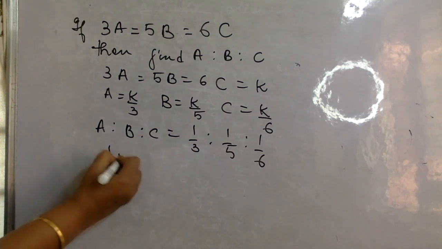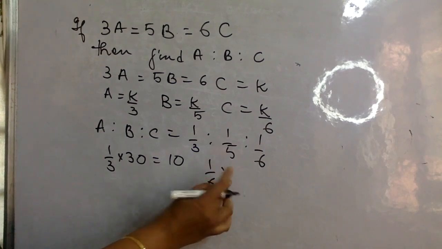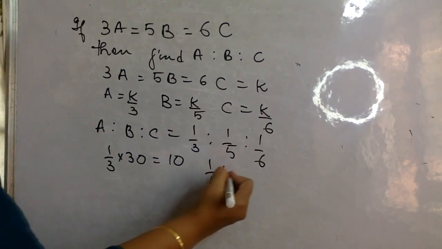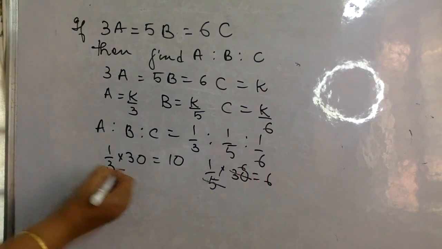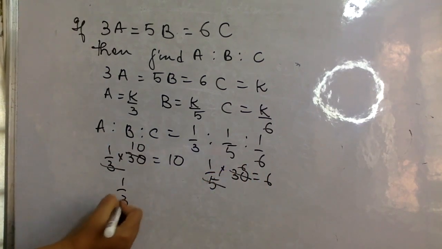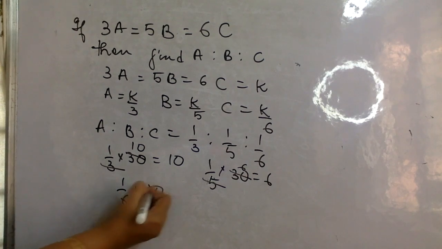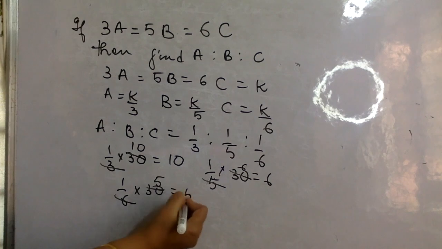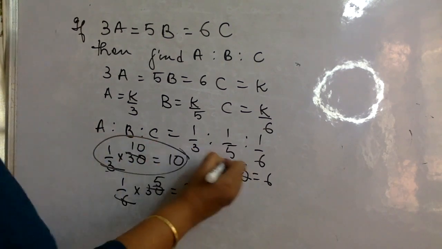So 1 by 3 into 30 gives me 10. 1 by 5 into 30 gives me 6. And 1 by 6 into 30 gives me 5. So now I have all three of these.